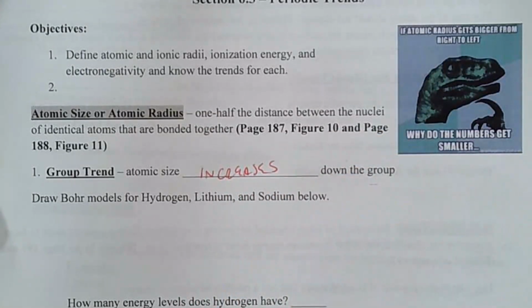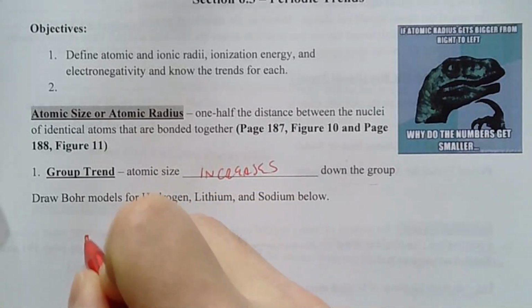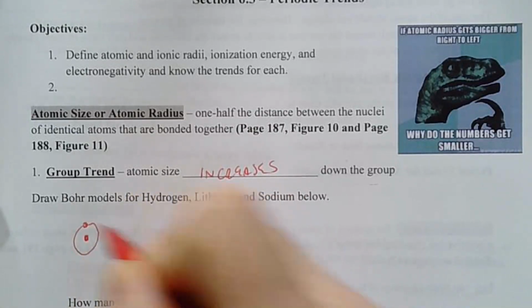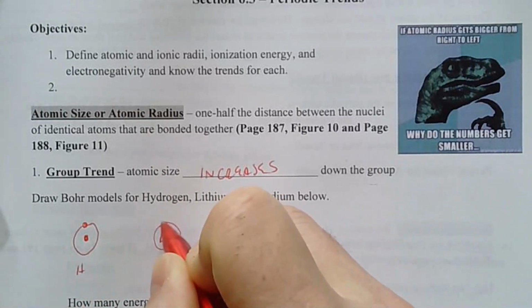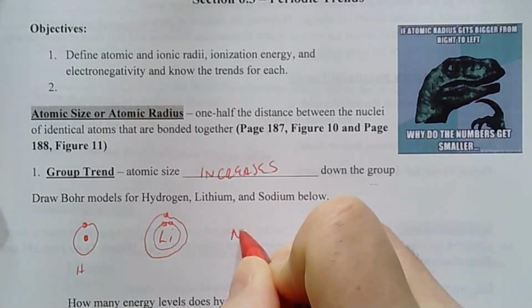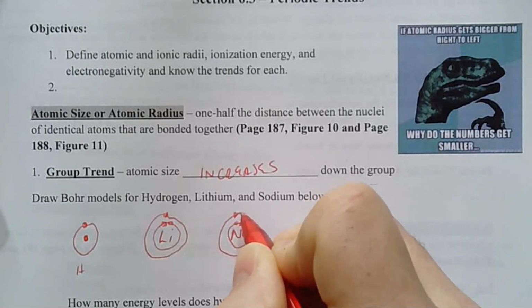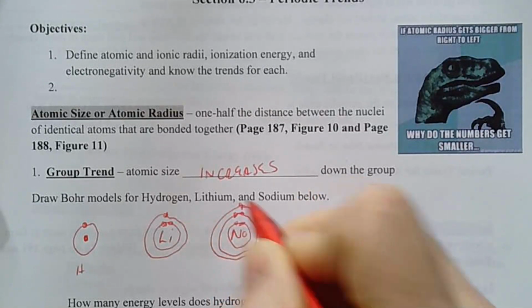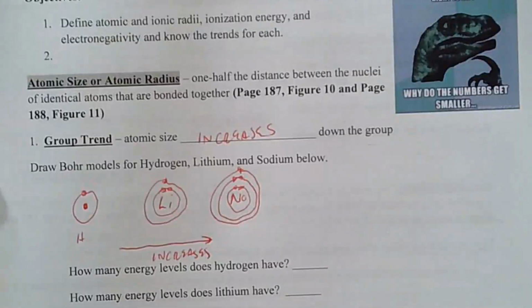For example, if we draw Bohr models for hydrogen, and likewise lithium, and then finally sodium, as you go down a group, the atomic radius is increasing.